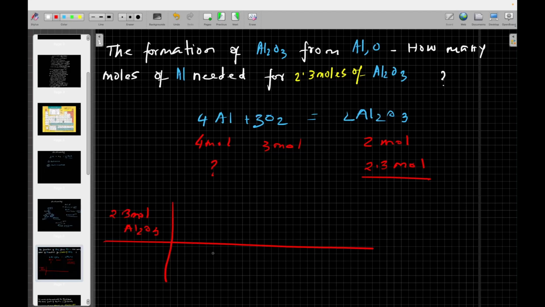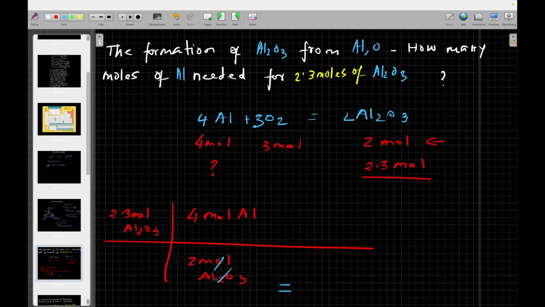So if we provide the mole ratio between reactant and product, we can get the value of aluminum. In the numerator we have the 2.3 mole of aluminum oxide, and in the equation, 2 moles of aluminum oxide are produced from 4 moles of aluminum.